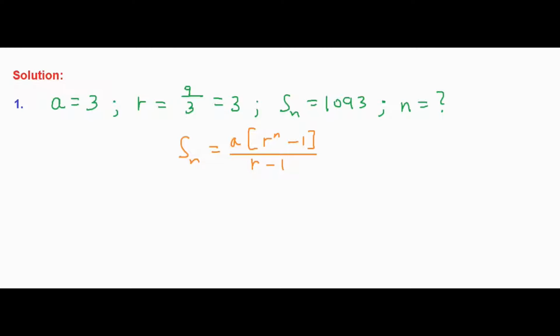And we can substitute in our values. So S sub n is 1093. A, of course, is 3. R is also 3. And we need to find n.